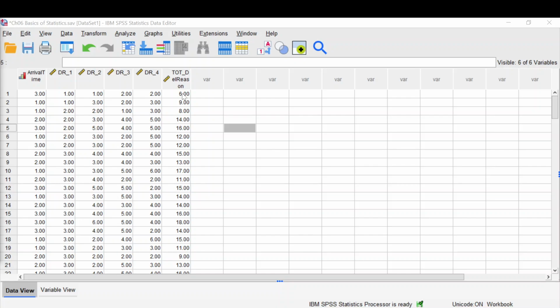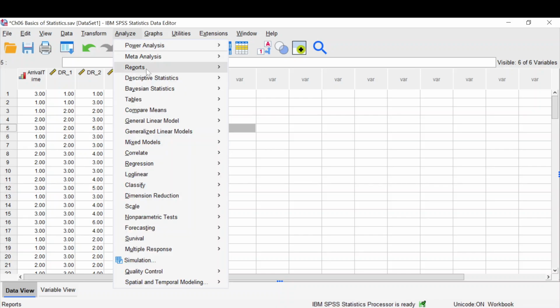So this is essentially a range from 4 to 28, right? Because you can't have less than 1. So 1, 2, 3, 4 as a minimum, or 28 as a maximum. The higher that number, the more that they've specified those problems as reasons why the bus was late.